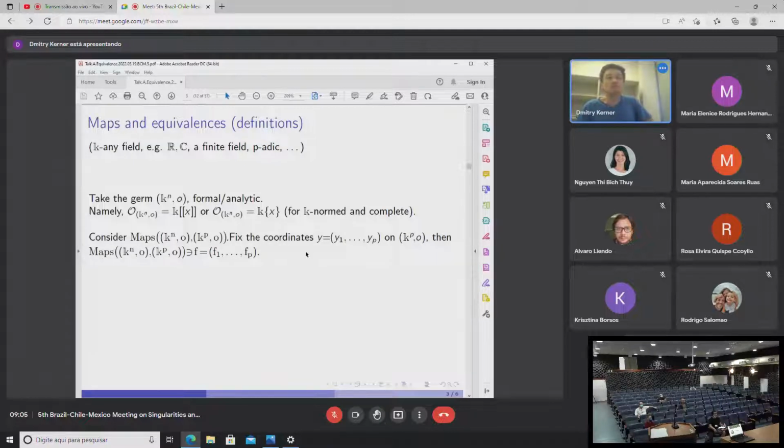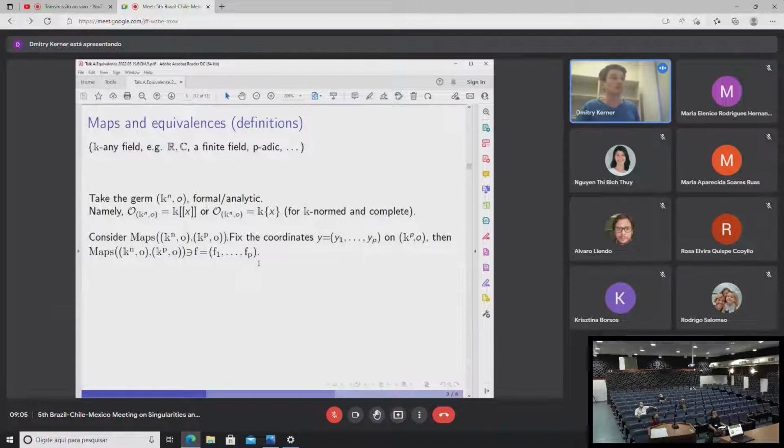Now fix some coordinates in the target, as one usually does, y1 up to yt, and then every map is presented just as a vector-valued function. Here is the function, here are its coordinates, its entries.